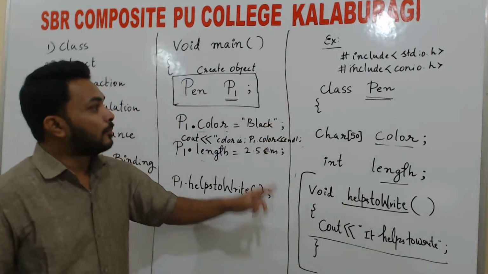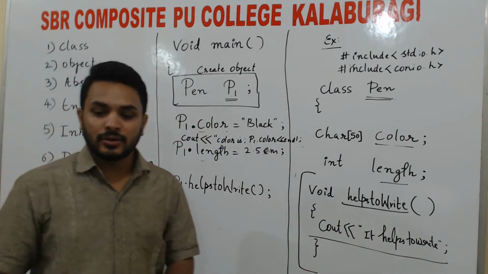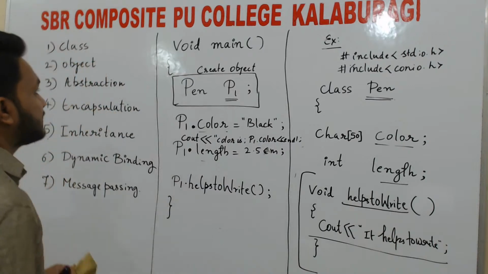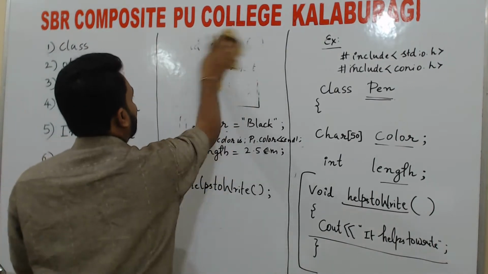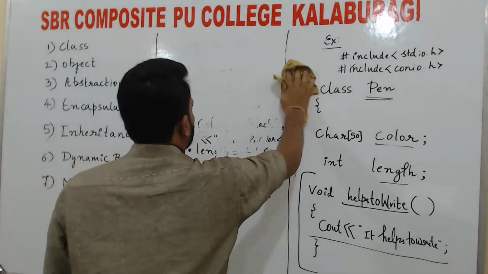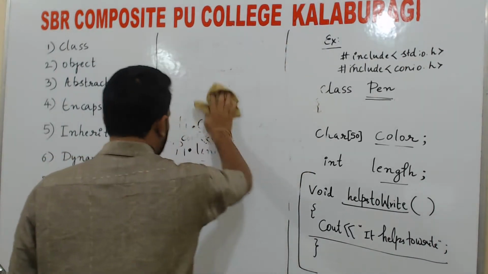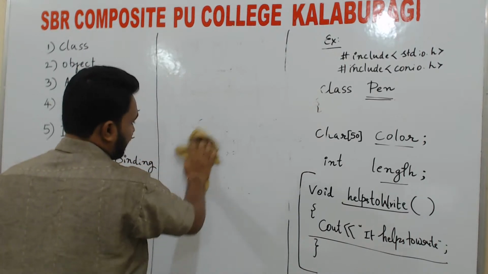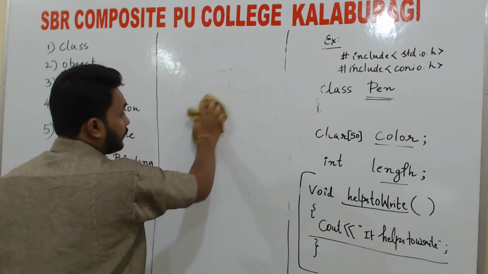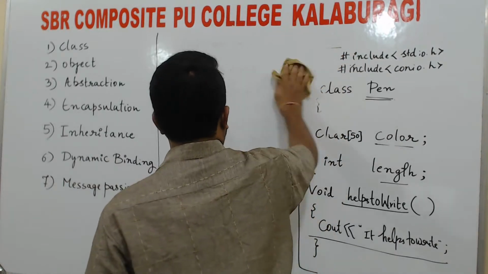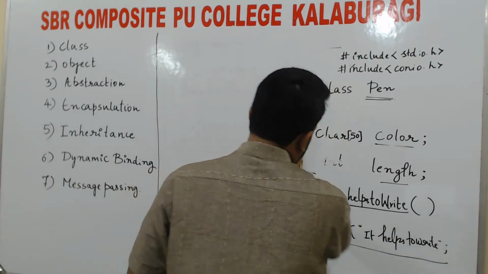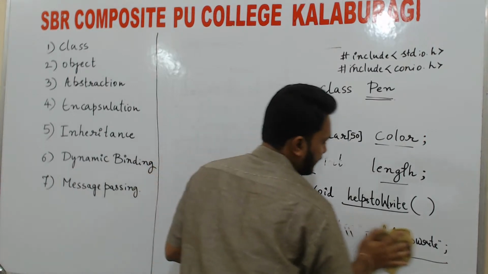Try this program in Turbo C++. Okay, so this is the basic of a class and object. It's very important while you are writing a program. Using those concepts, in engineering also, you will learn all these things.